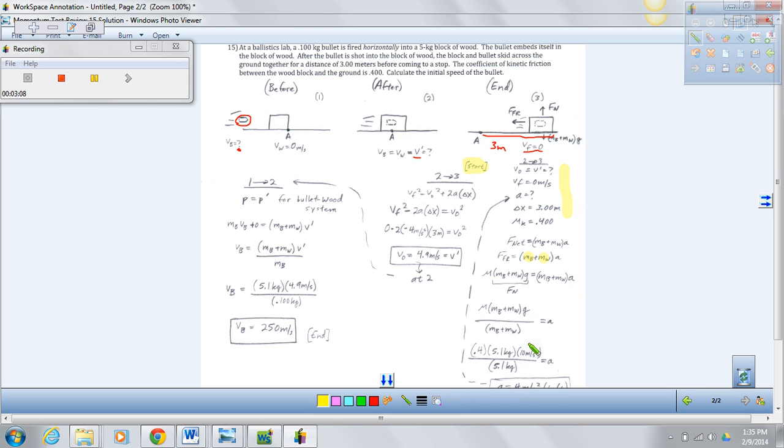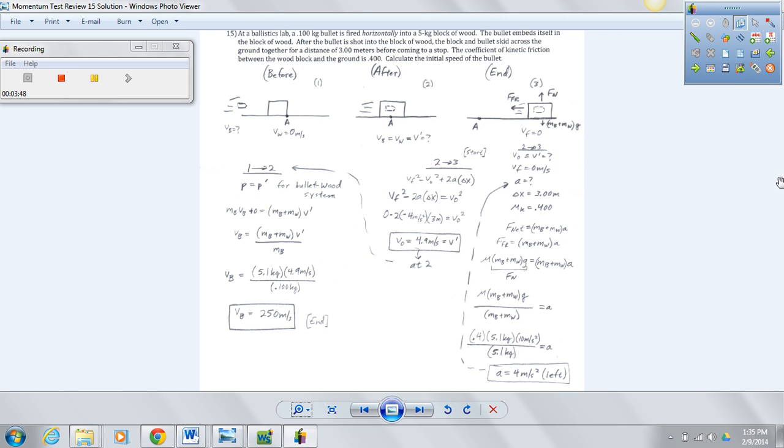Then I divided by the mass of block plus mass of wood to get the acceleration. I plugged in my numbers, and you really can't see it on the screen, so maybe if I scroll down a little bit, you can. There we go. The acceleration I got was 4 meters per second squared to the left. So this block is moving this way, but its acceleration is directed back to the left.